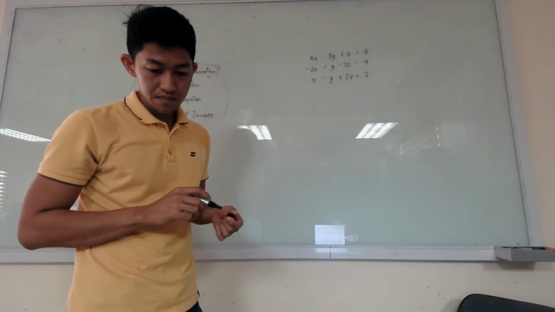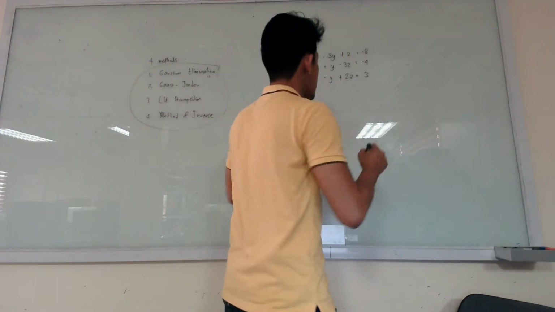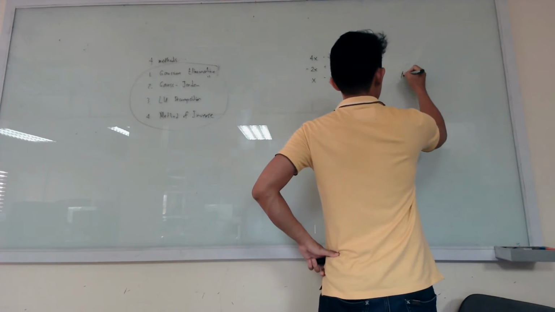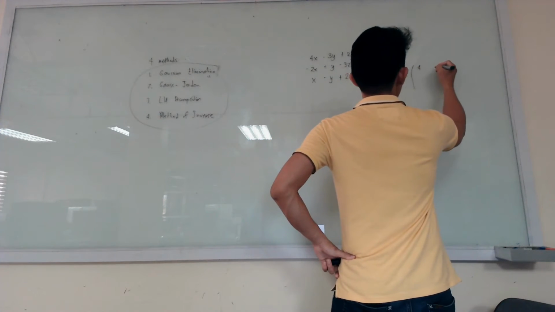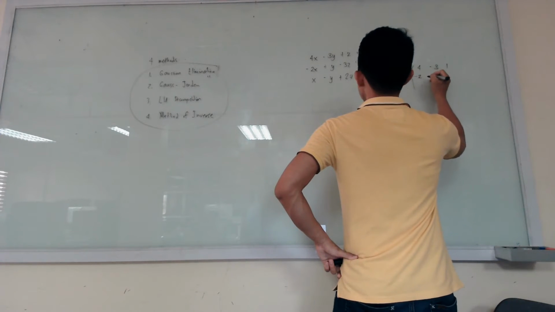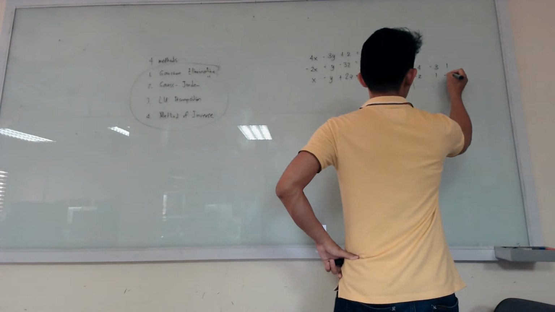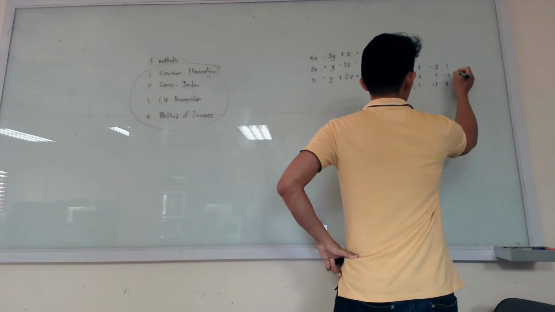Okay, so what is your matrix A? Your matrix A is just 4, -3, 1, -2, 1, -3, 1, -1, 2.